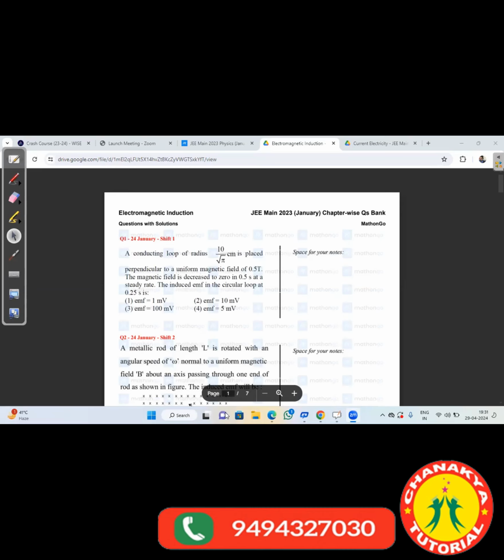Okay, so have you gone through the question? A conducting loop of radius 10 over root pi centimeter is placed perpendicular to a uniform magnetic field of 0.5 Tesla. The magnetic field is decreased to 0 in 0.5 seconds at a steady rate. The induced EMF in the circular loop at 0.25 second is.